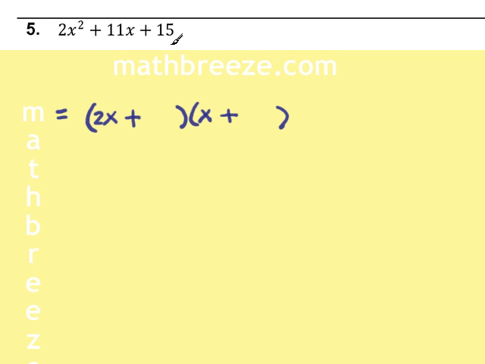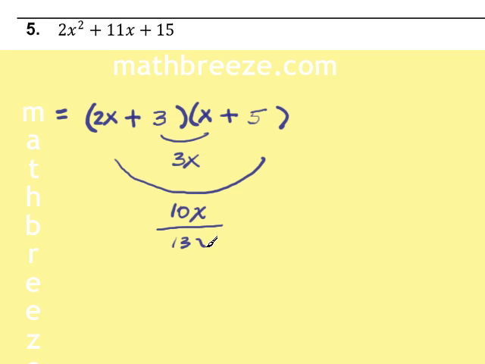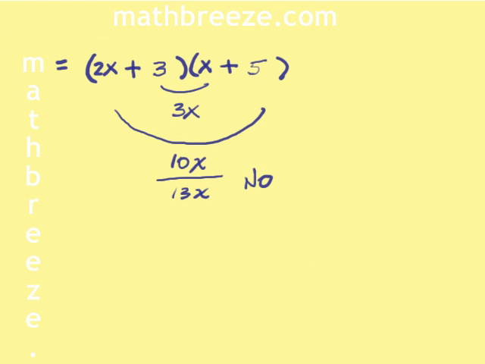All right, we just have to decide where to put the 5 and where to put the 3. Let's say we start with 5 here and 3 here. We would check outer plus inner, and it's too big. No, that's not correct. So what we're going to do is just reverse. I'm going to cross this out. Let's try reversing the 5 and the 3.